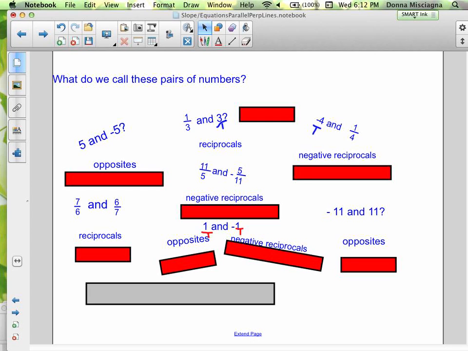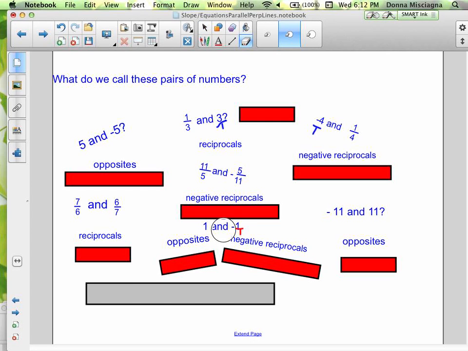So not only are they opposites, they're negative reciprocals. So these two can be considered both, right? Because I can write 1 as a fraction, 1 over 1, and I can write -1 as a fraction, -1 over 1. And if I flip it, I still have 1 over 1. So we have numbers here that are opposites, that are reciprocals, and that are negative reciprocals.